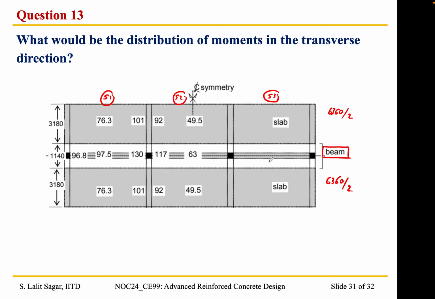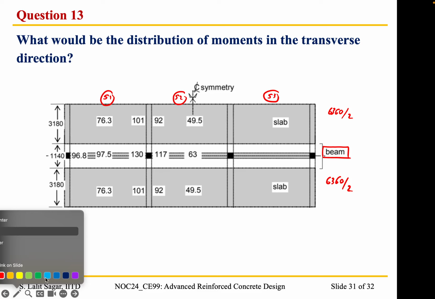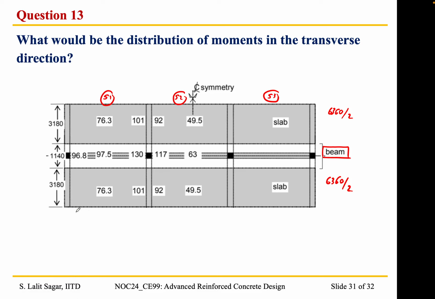Take a different color. So the proportion of the moment that has to be resisted by the beam, that is, the percentage of moment resisted by the beam, is given by alpha b1 divided by 1 plus L2 by L1 whole square.